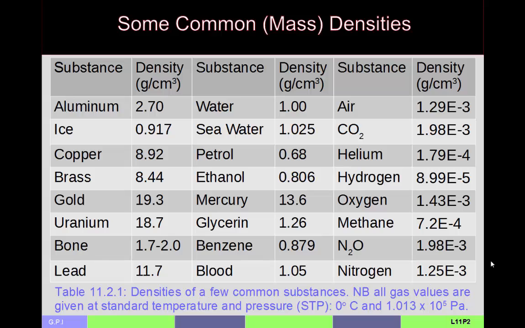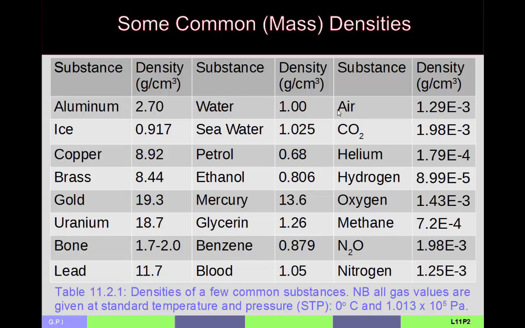So here are a few common densities. So aluminum and ice, copper, brass, gold, uranium, bone, lead, these are your solids. Here are a few liquids. Here are a few gases. So these give the densities always in grams per cubic centimeter.